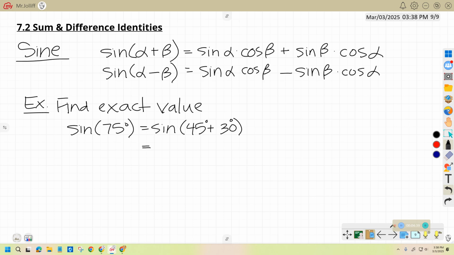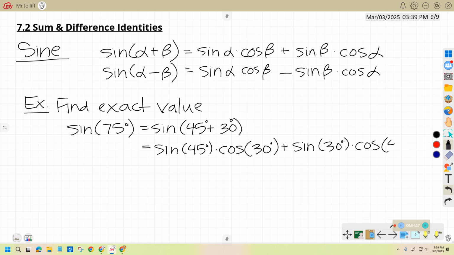The sum formula says sine of the first angle times cosine of the second angle plus sine of the second times cosine of the first. And to evaluate that, we just look at our unit circle.